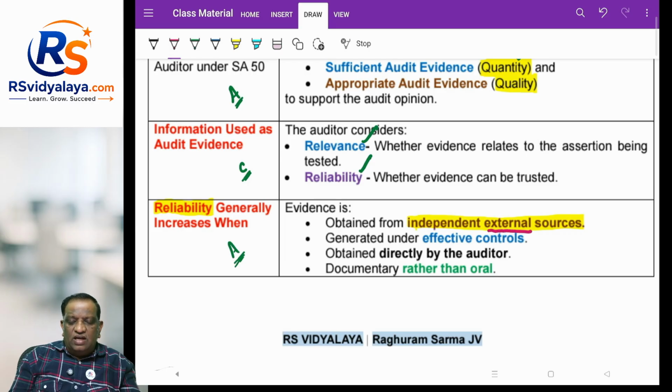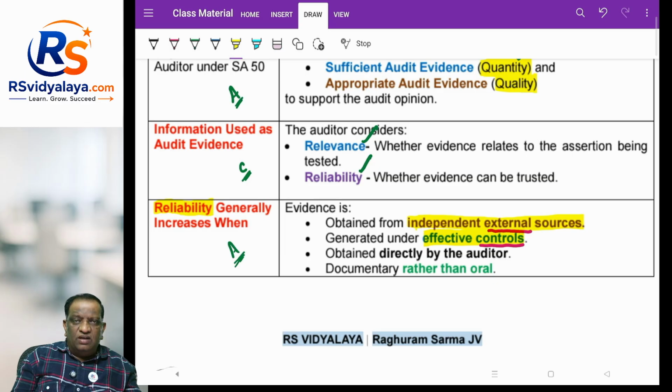So anything that you gather through external sources is more reliable than the internal sources. Then the second point, any audit evidence which is generated under effective control. That is, if the internal controls are effective, the buzzword is controls. If the controls are effective, then any evidence that you gather in such an environment is more reliable.